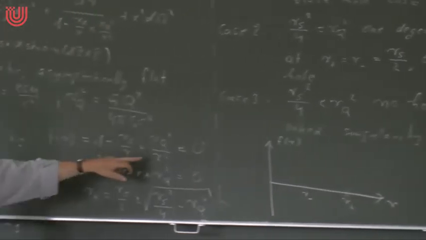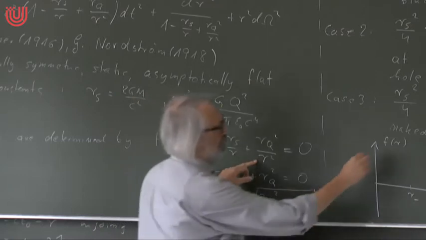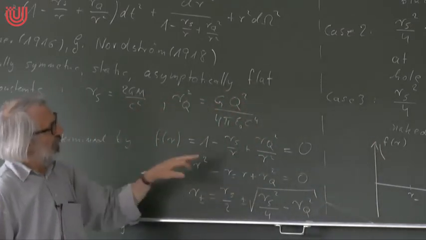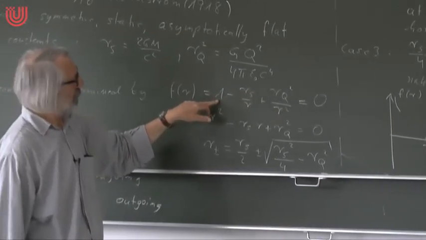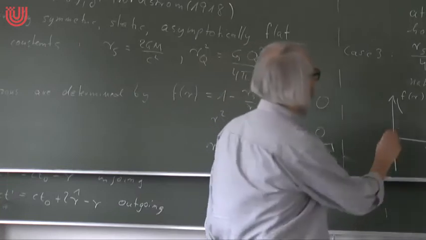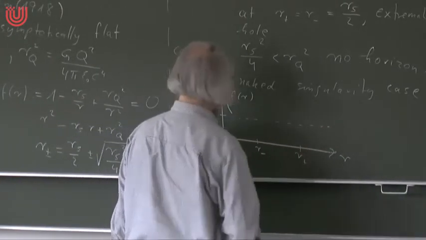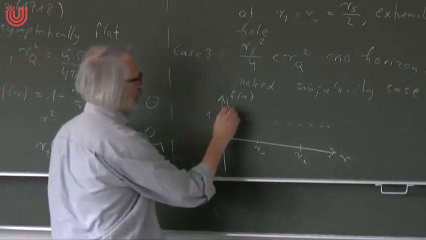You see, if r is equal to 0, then this term becomes dominant and it becomes actually infinite, so it comes down from infinity. And if r is infinite, then this and this go away and it tends towards 1. So if I have 1 here, then this is the limit. And now you can easily guess what the function is doing.